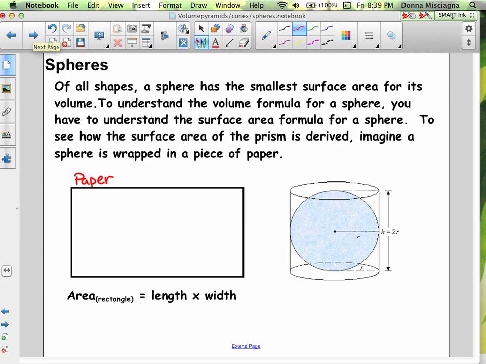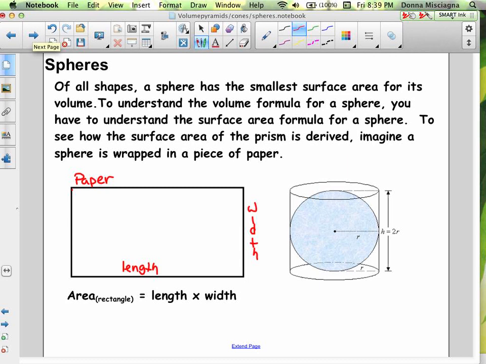If you remember, the area of a rectangle is length times width. So this would be the length, and this would be the width. I guess I'll write up and down. If you would, under that, in your notes, there's a little bit of space there. Maybe just draw a small rectangle like this and label it length and width.